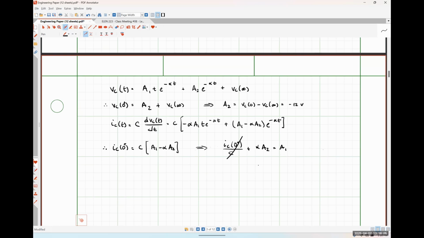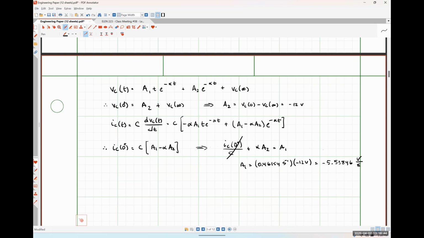And now I'm going to have A1 is equal to 0.46154 per second times negative 12 volts, comes out to be negative 5.53846 volts per second.